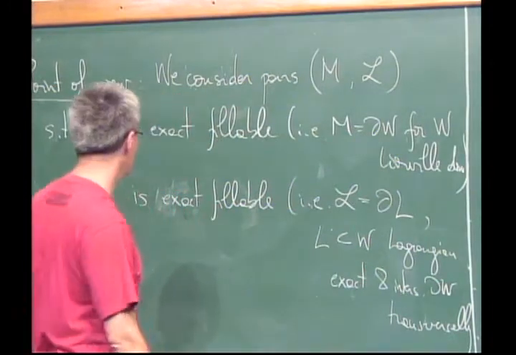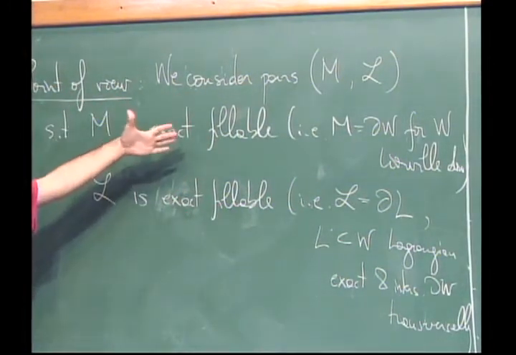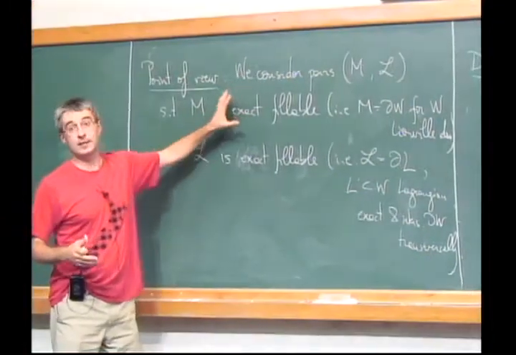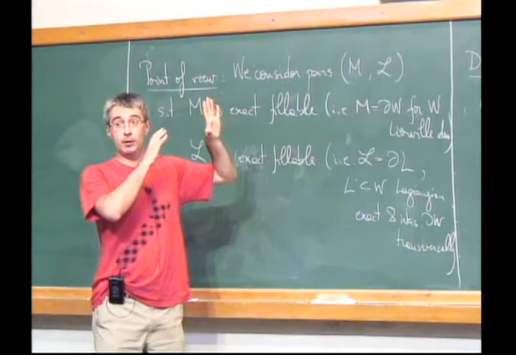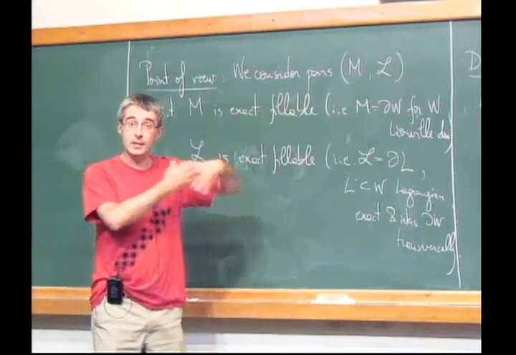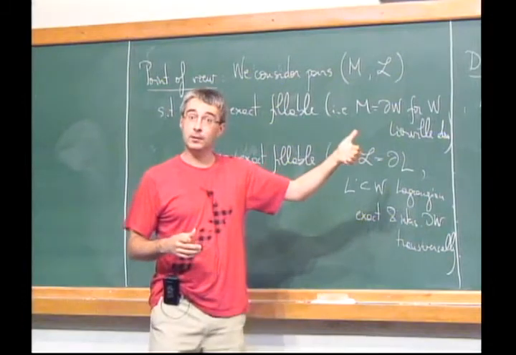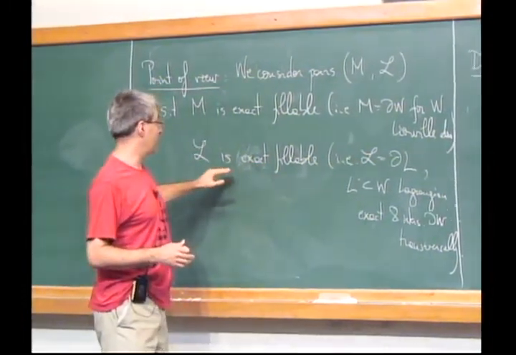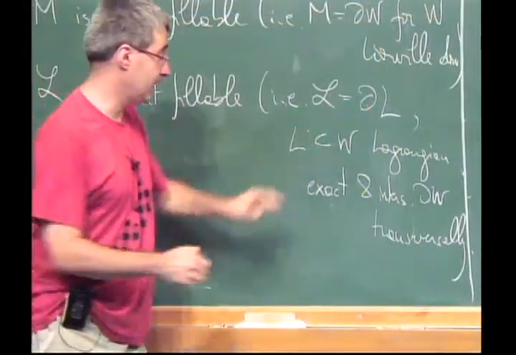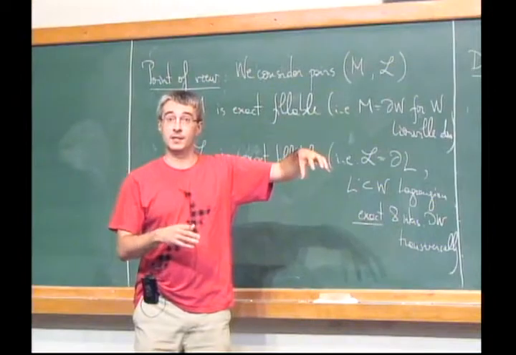Yeah. So of course now, as I said in my first lecture, this exactness assumption is there just to make things easier. In particular, it prevents bubbling of holomorphic spheres. And if we assume the Lagrangian to be exact, then it prevents bubbling of holomorphic disks.